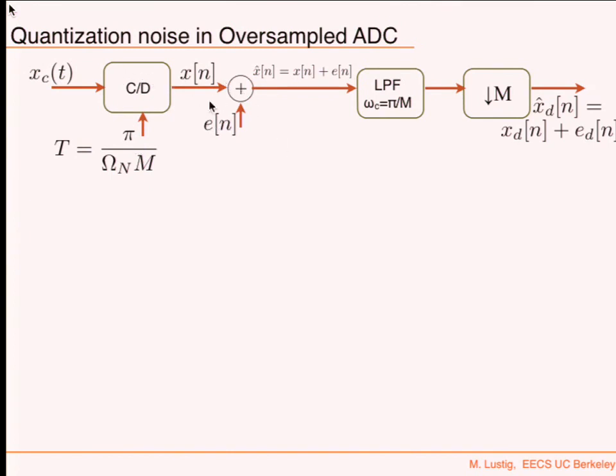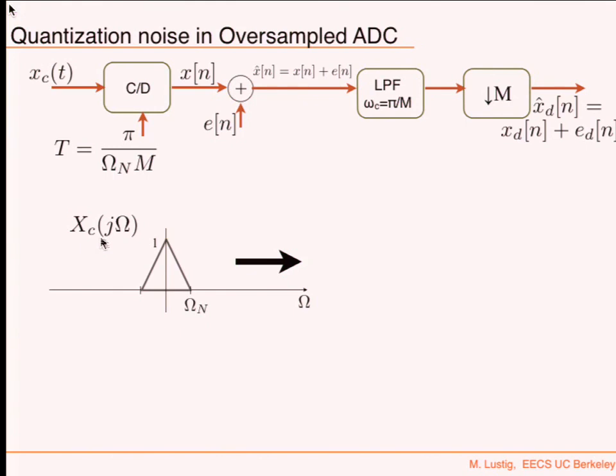Then I get quantization noise into the system. So this is what I have. Then I'm going to low-pass filter it, and then downsample to get the decimated signal. And the question is, what is the signal to quantization noise then? And you're going to be surprised. It's going to be really interesting.